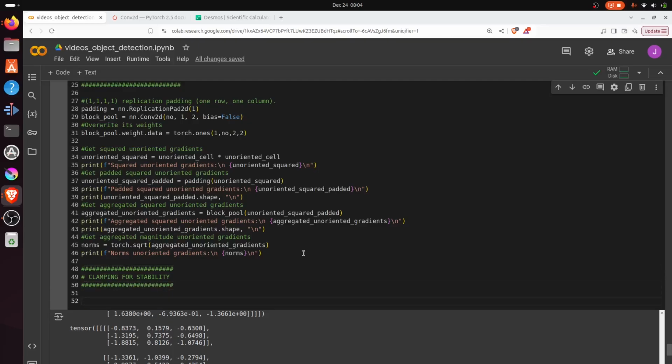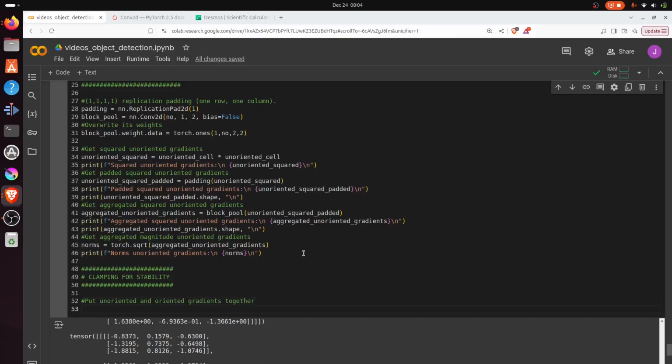Fantastic. So now, as I said, we first need to place both unoriented and oriented gradients together, right? And how do we do that? Well, we concatenate both. So let me write that down: put unoriented and oriented gradients together.